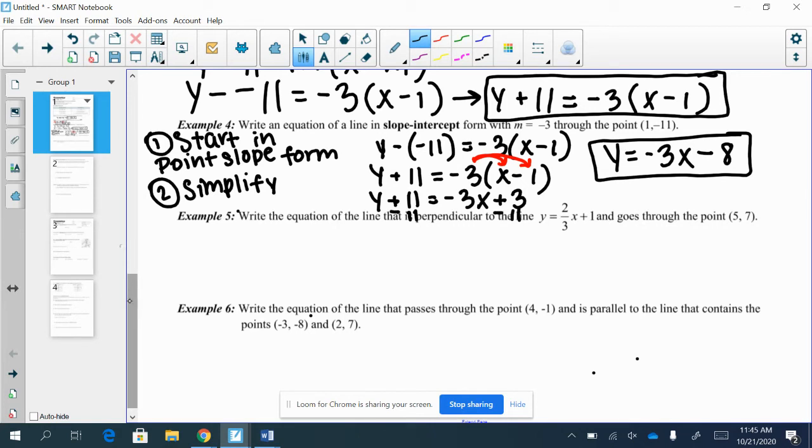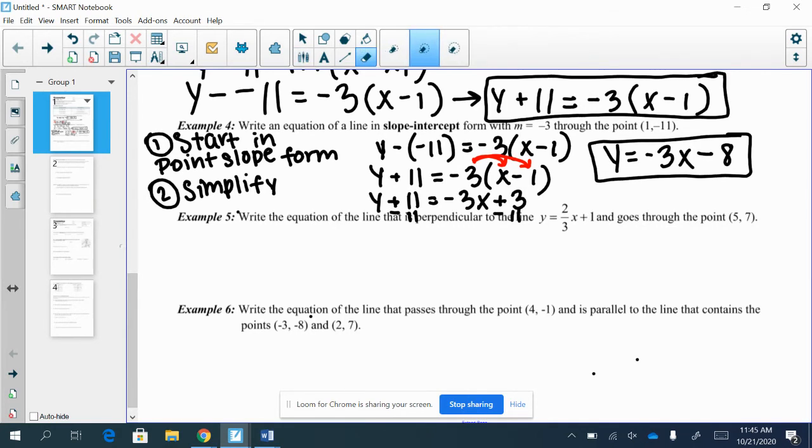Okay. Example 5 says, write the equation of the line that is perpendicular to the line y equals 2/3 x plus 1 and goes through the point 5, 7. First, find the slope of your given line.